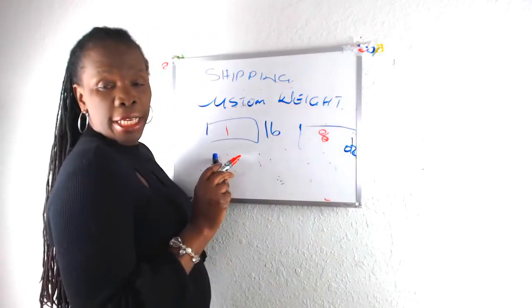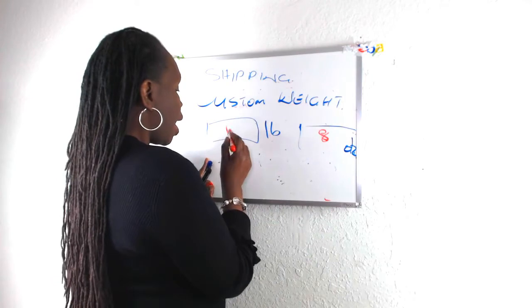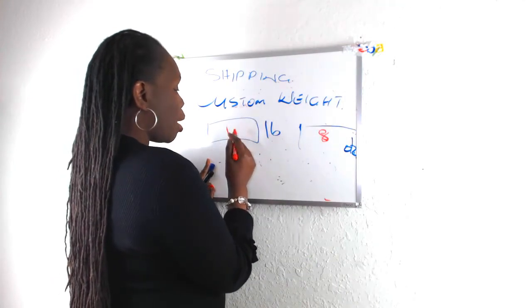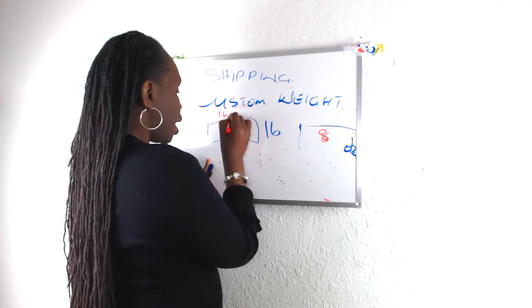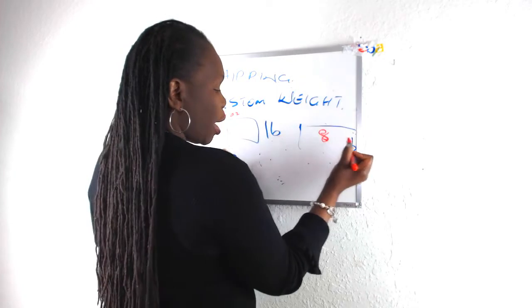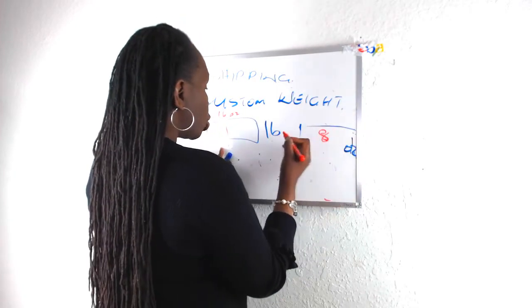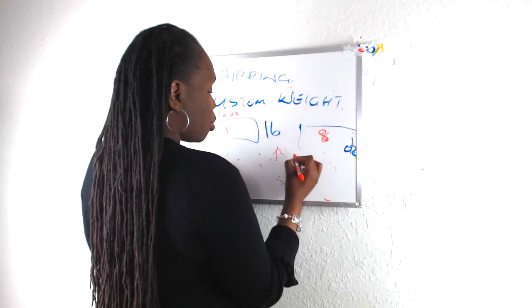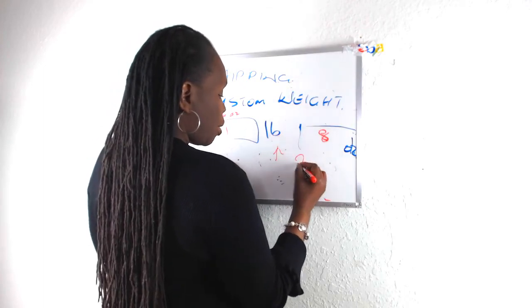This automatically is a priority shipping weight because it's over 1 pound, which is that 16 ounces I told you about. If it says 1 pound and whatever number of ounces, usually I always round it up to the next pound. So to me, this will be 2 pounds.